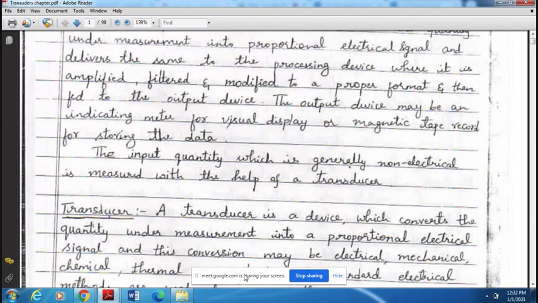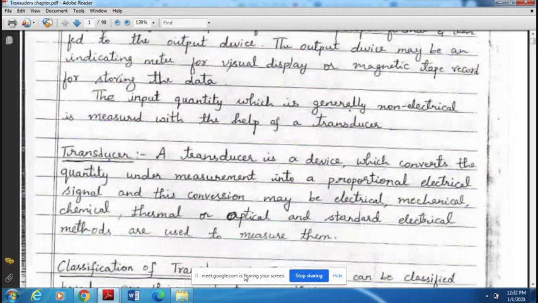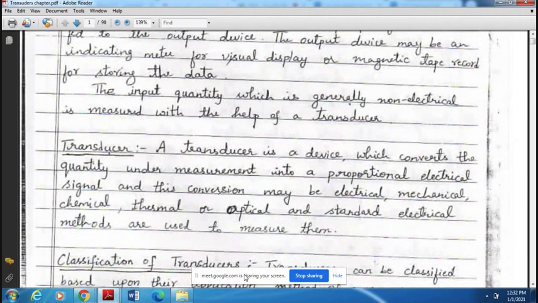Can anybody tell me what active transducers are? You have heard about active elements and passive elements, right? It is almost similar to that. The name itself is there. How do you classify active elements and passive elements?